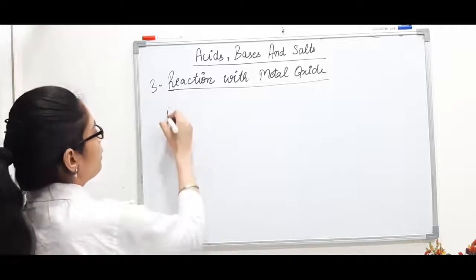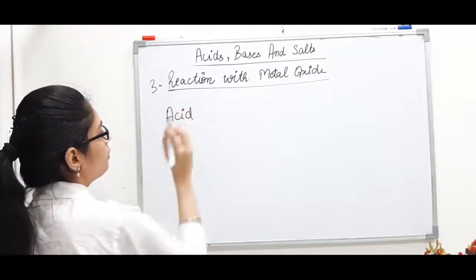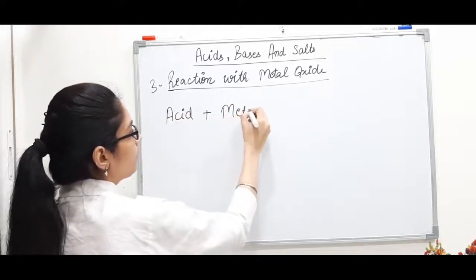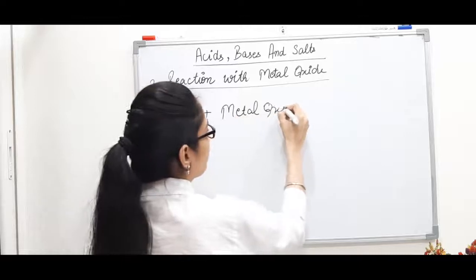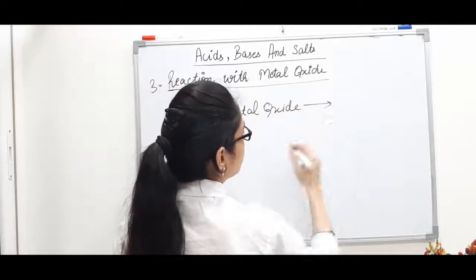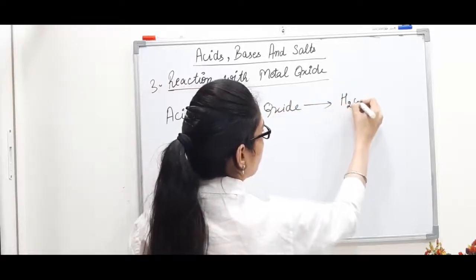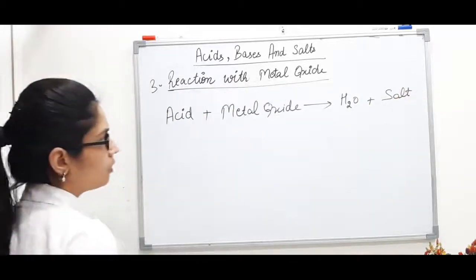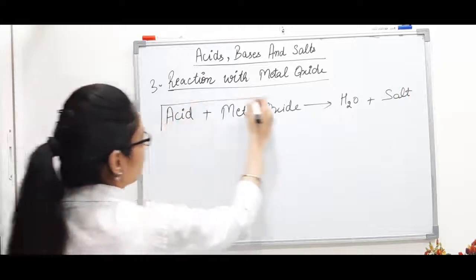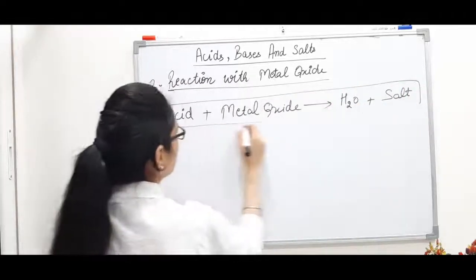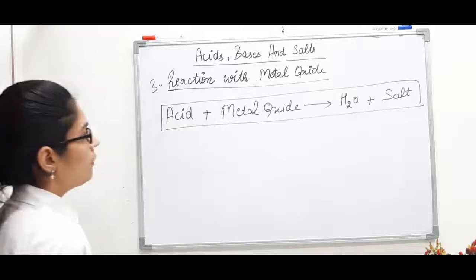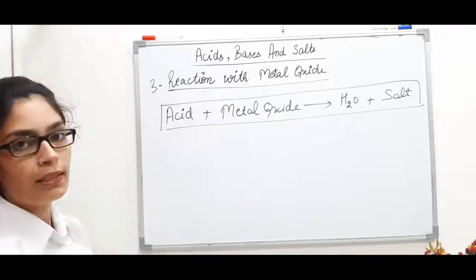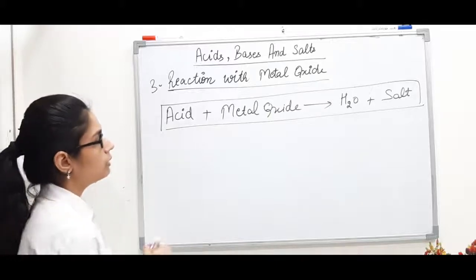Again we will write the general chemical equation: acid plus metal oxide will give us water plus salt. This is the general equation, you can remember this. Now we can take a few examples.